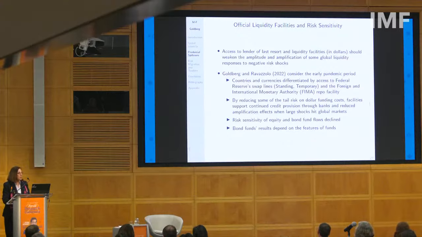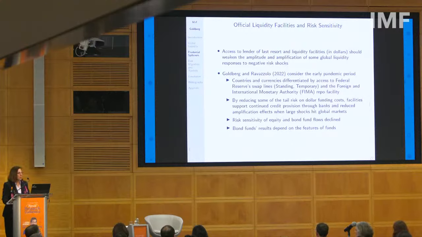And in dollar funding, the Federal Reserve swap lines with central banks and the new FIMA repo facility introduced in March 2020 play a role in this respect, by reducing some of the tail risk on dollar funding costs in systemic events. Access to such facilities supported continued credit provision and reduced amplification effects when large shocks hit global markets.